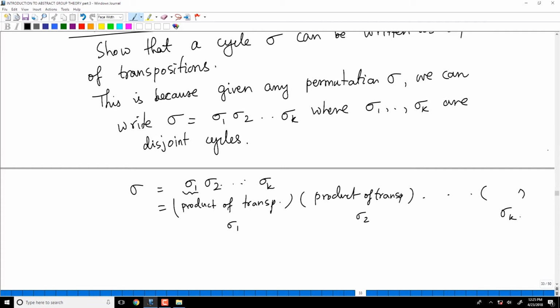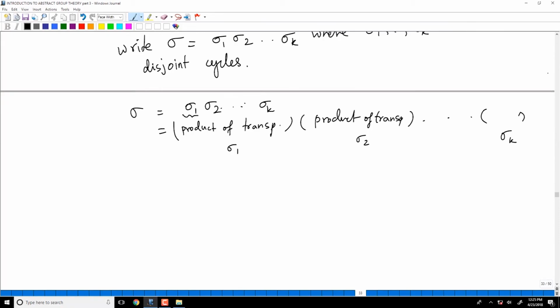Sigma k can be written as a product of transpositions. Then we have written sigma, right? Remember, we are not claiming anything about disjointness. In fact, we cannot claim that there is a decomposition into a product of disjoint transpositions. So we don't care if repeated things happen. Sigma 1 can be written as a product of transpositions, so can sigma 2, and so can sigma k. So sigma can also be written as a product of transpositions.